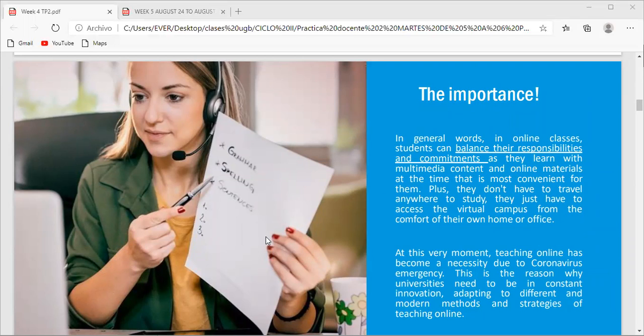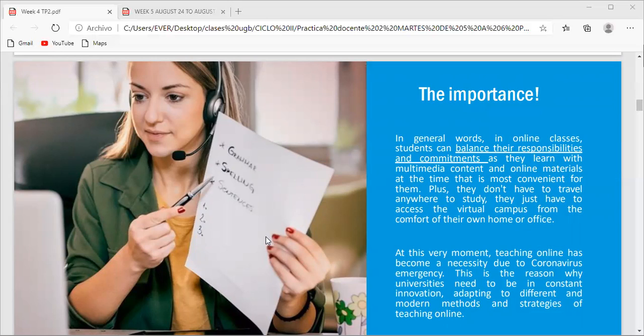Now, some disadvantages that we have: if we don't have enough resources, if we don't have a good internet connection, that's a disadvantage. If we do not have the knowledge for using the tools that we have, that's also a problem.